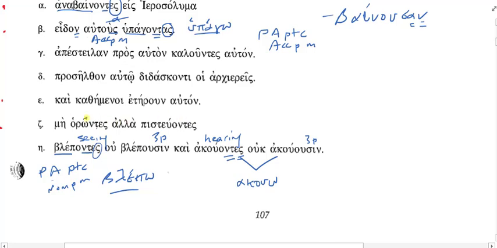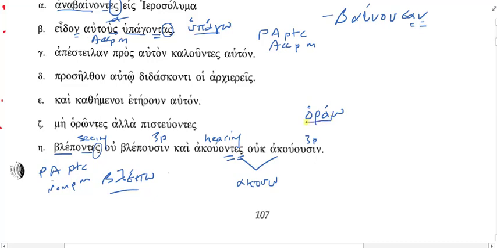Look at Zeta. I have me horontes alla pisteuantes. Now, what is the lexical form of horontes? Horao. Good. What kind of a verb is horao? Contract verb. That's right.